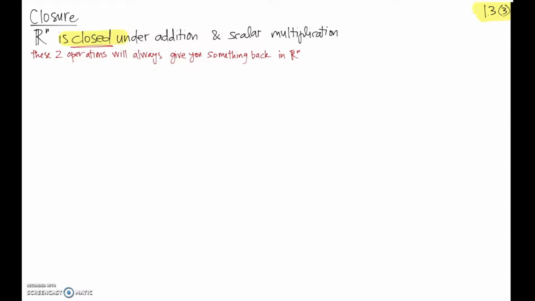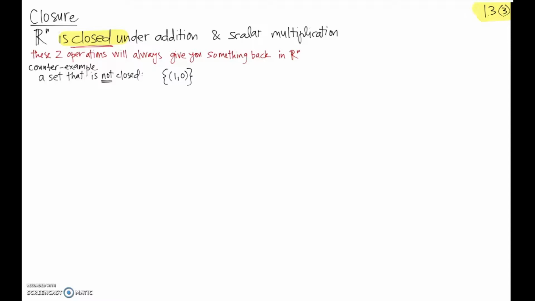So let me give you a counterexample of a set that's not closed. Think about this set. I'm going to give you a 1-element set, and it's the set {(1, 0)}.